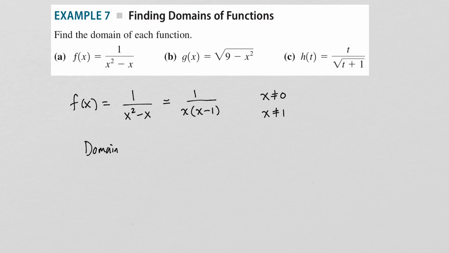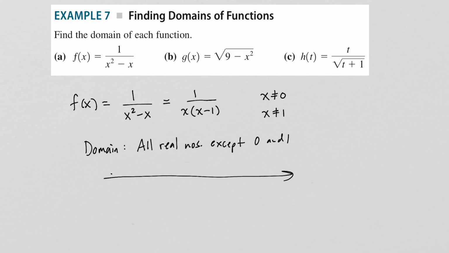Well, in words, we can say the domain is all real numbers except 0 and 1. Now, typically when we write the domain for a function, we do this in interval notation. So if you look at the real number line, and here's the number 0, and here is the number 1, we're saying that we can plug in any number to the left of 0.